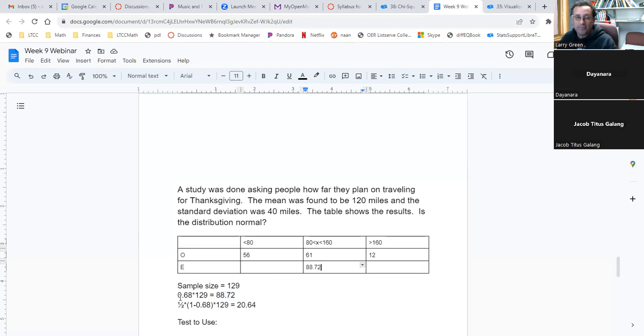Inside is 0.68, so outside is 1 minus 0.68. The left-hand side is 1/2 of 1 minus 0.68. Then I multiply that by 129, and I got 20.64. One of the nice things about the normal distribution is it's symmetric on the left and right. So if we expected 20.64 on the left, we expect 20.64 on the right. Any questions on how I came up with this calculation?